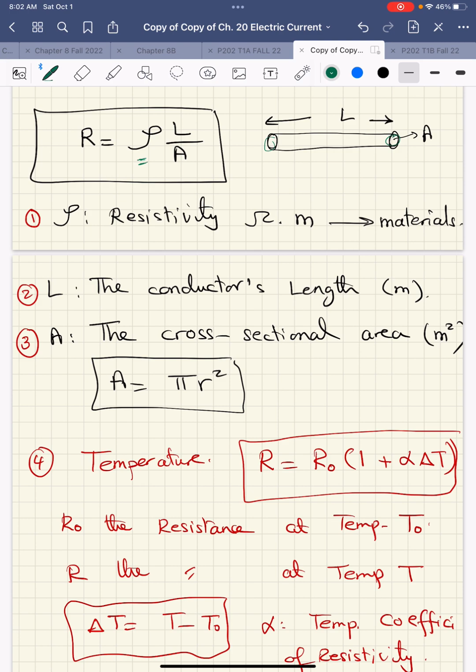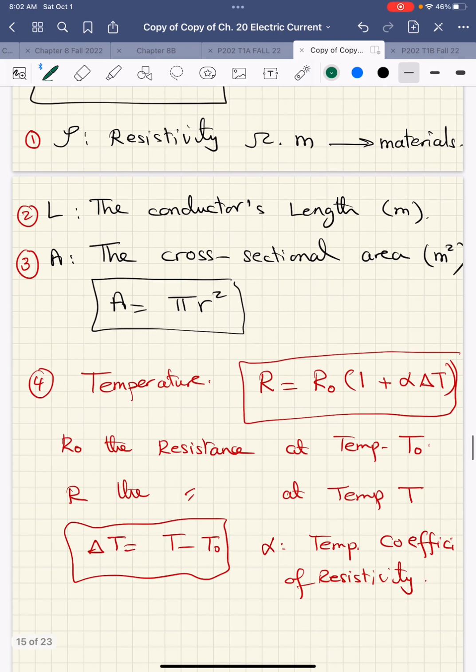We know that resistance depends on many factors. One of them is the type of the material. The other one, which is really important, is temperature. The resistance at any temperature equals the resistance R0 at temperature T0 multiplied by 1 plus alpha times delta T, where alpha is called the temperature coefficient of resistivity, and delta T is the difference between the two temperatures.